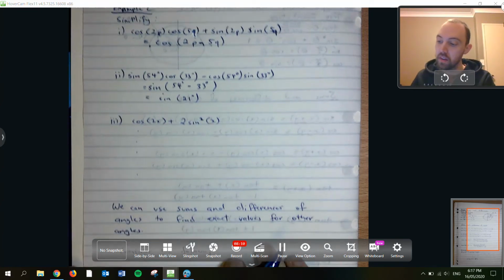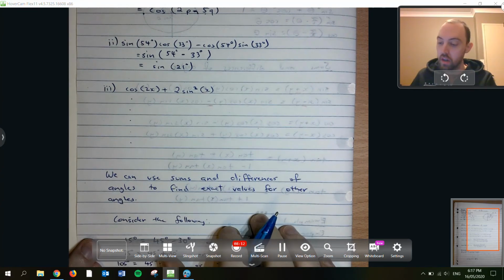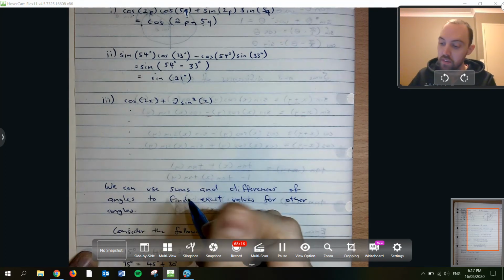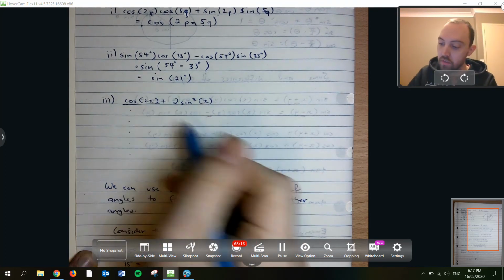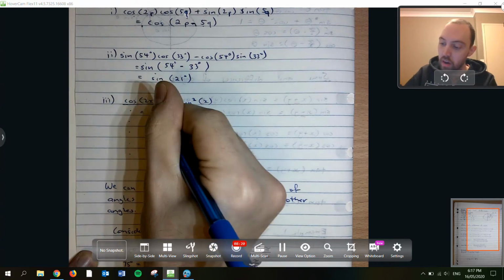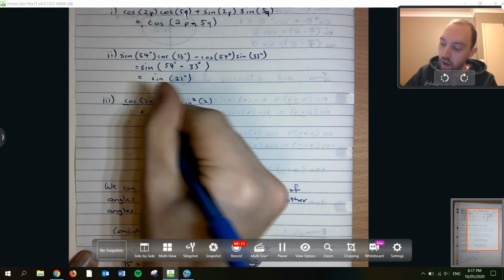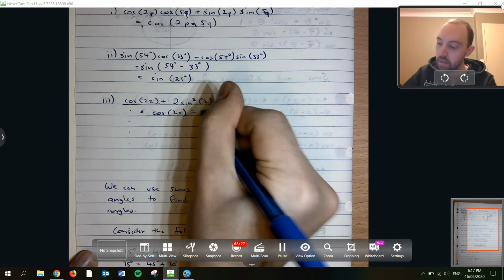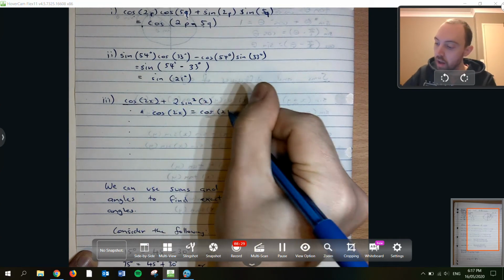This next one's a little bit trickier. Trying to simplify this situation requires a few different steps. Let's think about this cos of 2x. Cos of 2x is the same as cos of x add x.